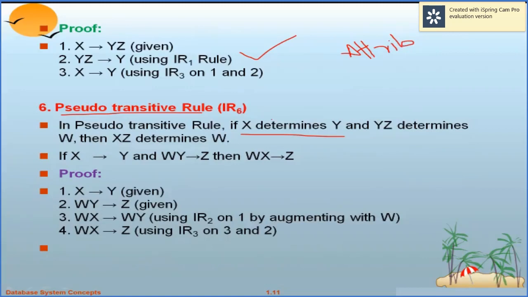If x determines y and yz determines w, in that case xz determines w directly. So this is the pseudo-transitive rule.